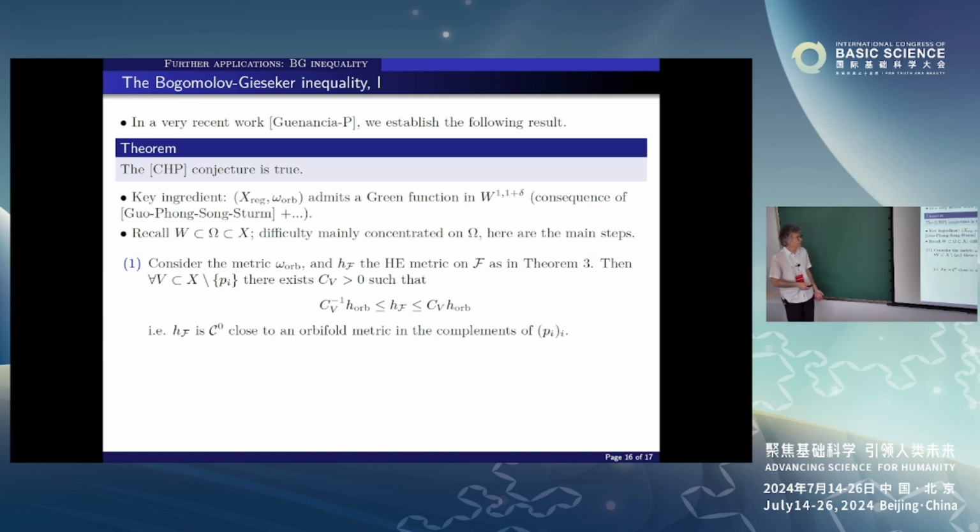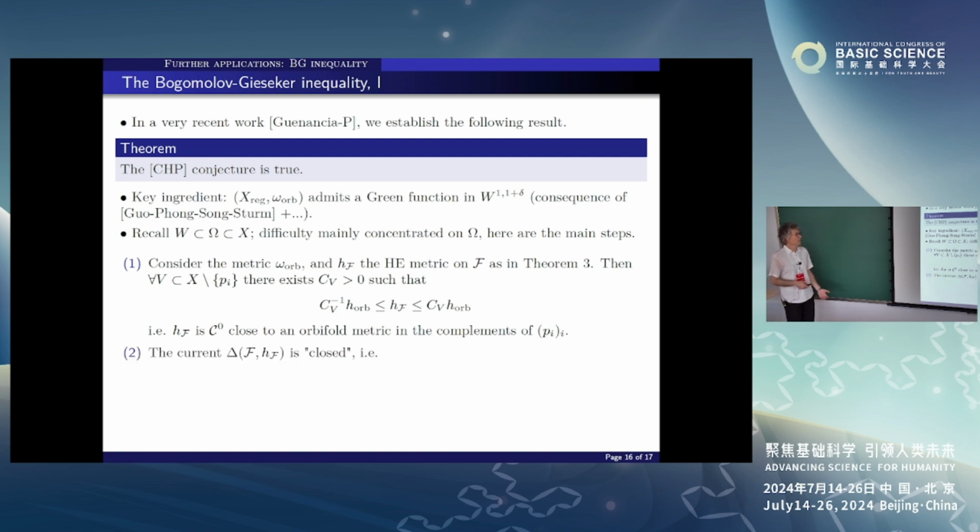It behaves as it should. So it is C0 close to the orbifold metric on the complement of the points. This is just due to the fact that this metric satisfies the Hermitian-Einstein equation, that F is a Q-vector bundle, and most importantly, the estimates that we get for this metric when we get closer to the singular loci.